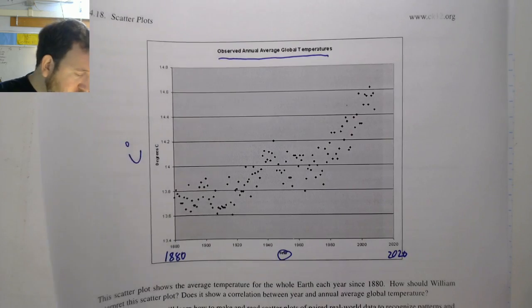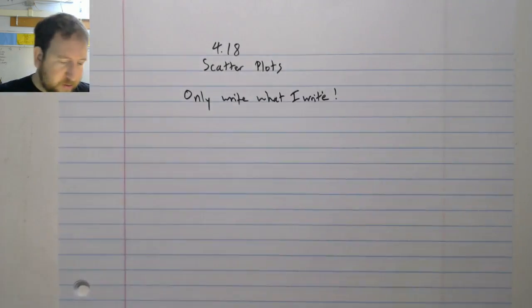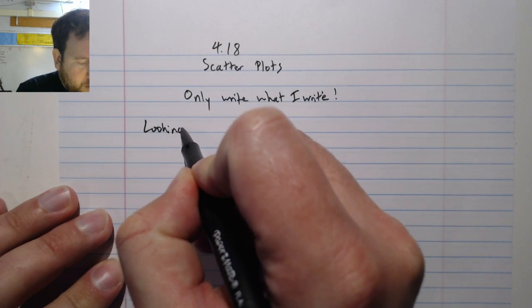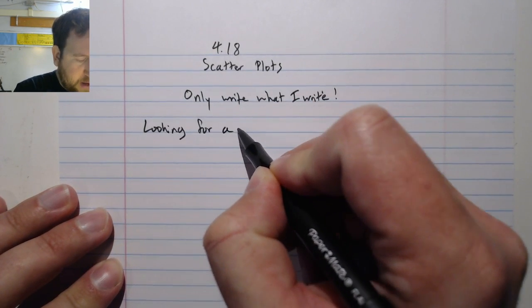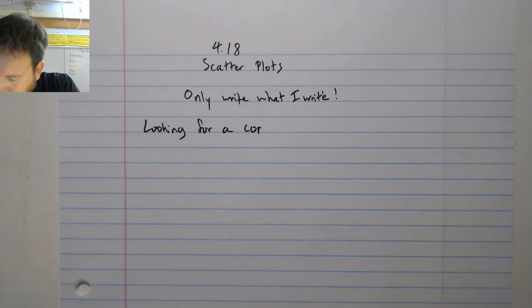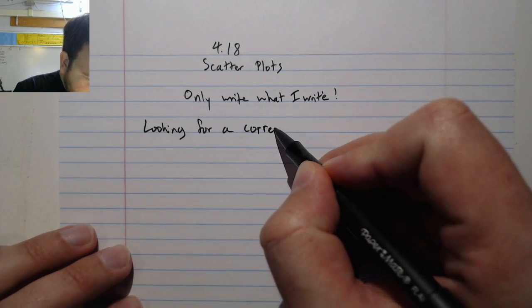So we are going to be looking for a correlation. Now I can never spell this word right, so let me see if I can find one quick so I don't ruin it.